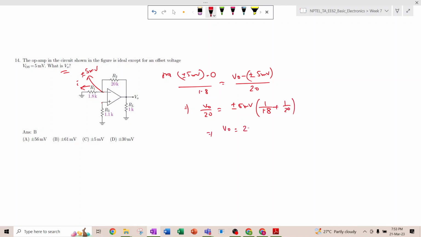So V naught will be 20 into plus minus 5 millivolt into (1 divided by 1.8 plus 1 divided by 20). How much will it come? It will be plus minus 60.55 millivolt, so near about plus minus 61 millivolt. Okay, so this is the answer.